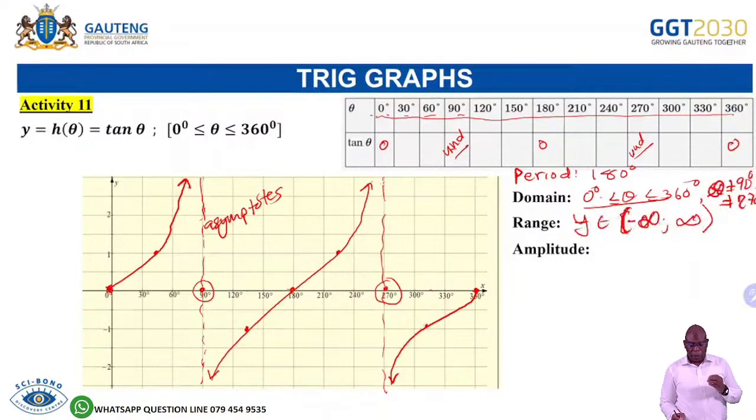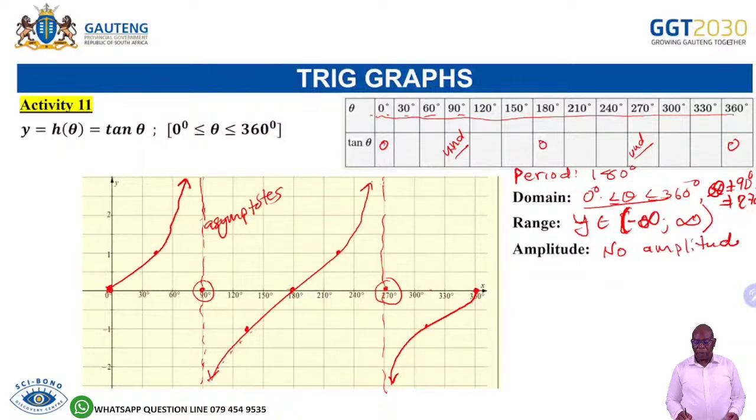So this graph has all these other values, from -infinity to +infinity. What is the amplitude of that graph? That graph does not have an amplitude. The tan graph does not have an amplitude, but it has a range, which is -infinity to +infinity.